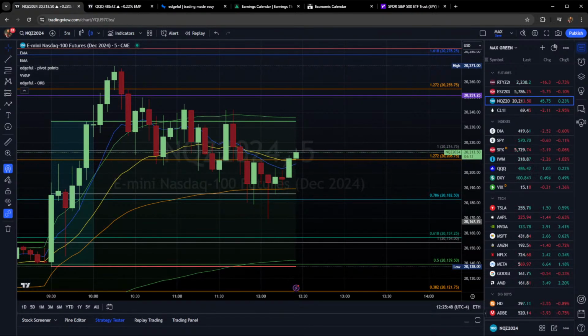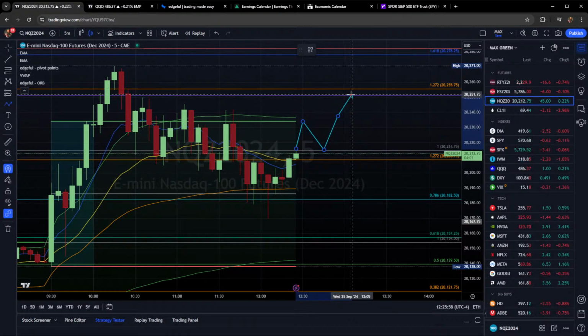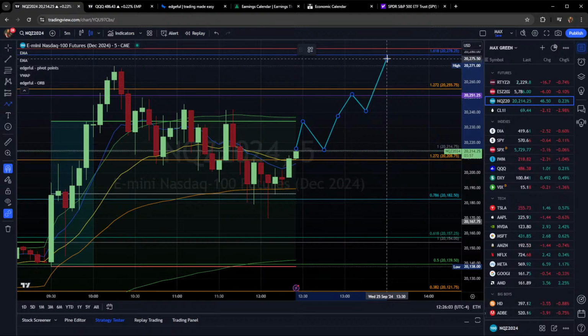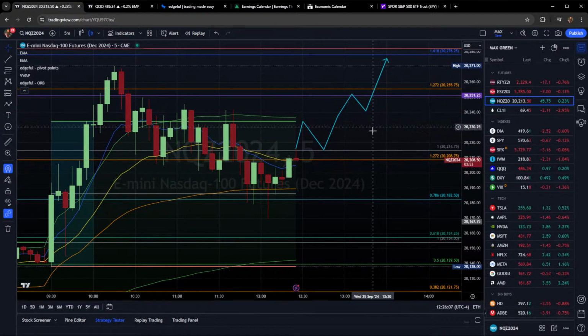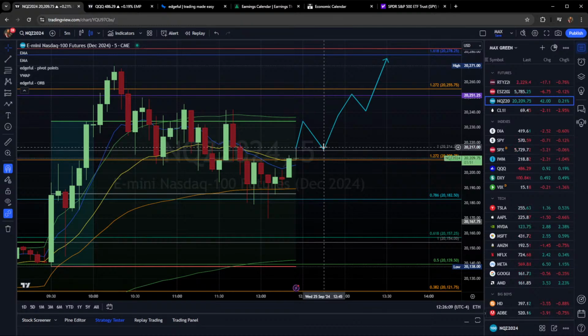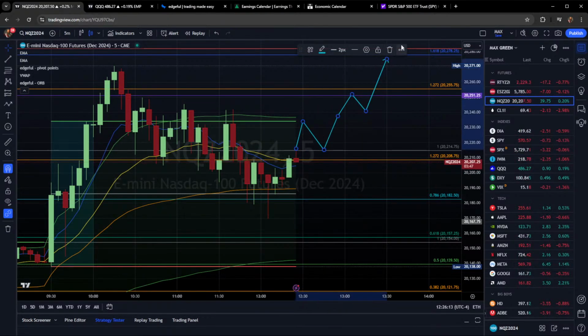If anything, it's tough because if it did something like this, you would almost want to long this and try for something like this. High of day right in here, that target. But the problem is with SPY so weak, tech being the only thing strong, I don't want to get long.